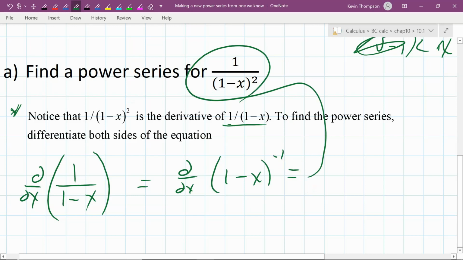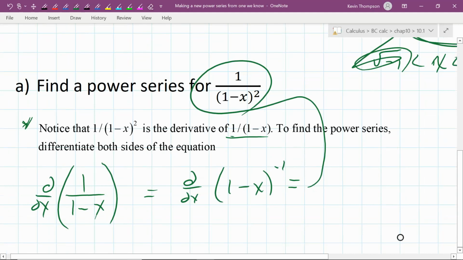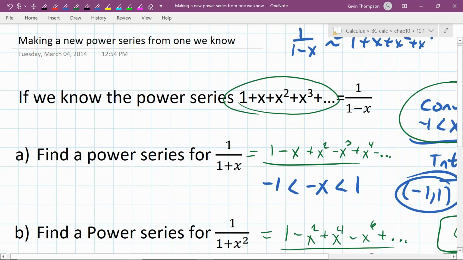Bring the -1 down. There's no negative in the numerator because chain rule, right? Times another -1 here on the inside. And we would say this quantity to the -2, which is in the denominator. So the derivative of this is the thing I want.